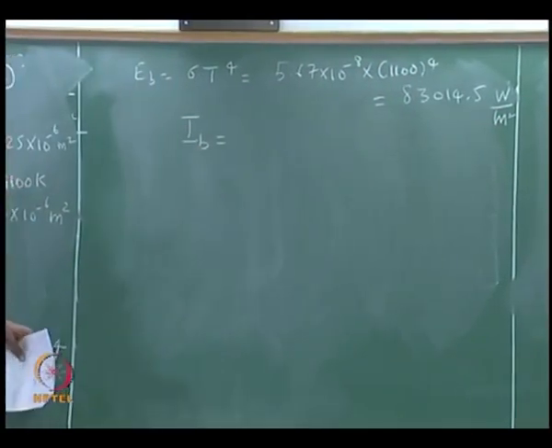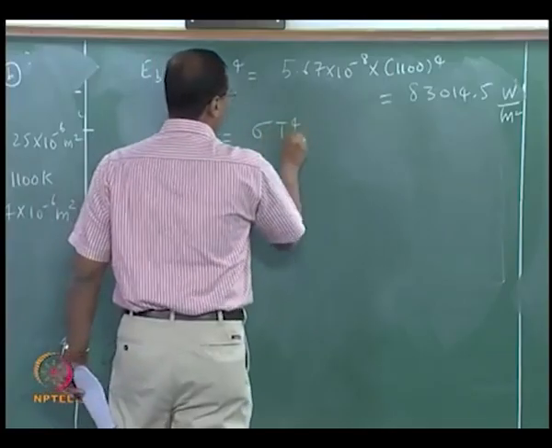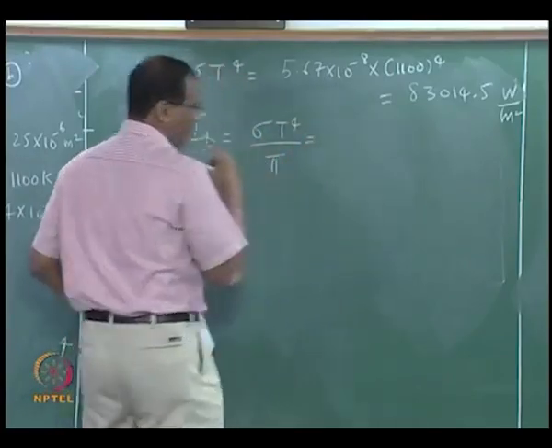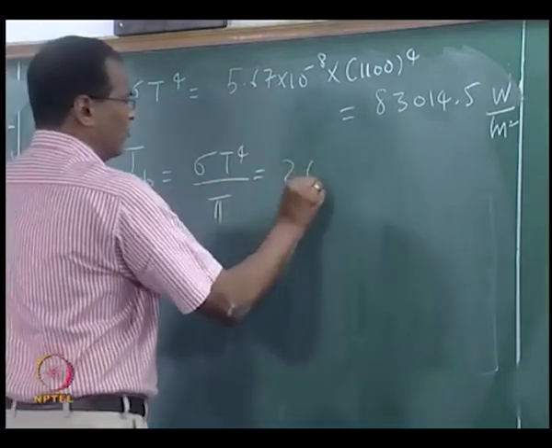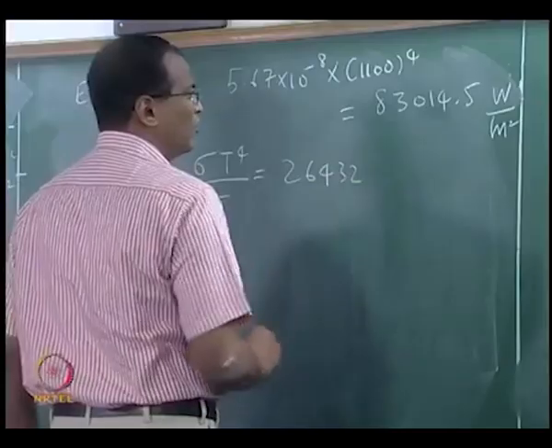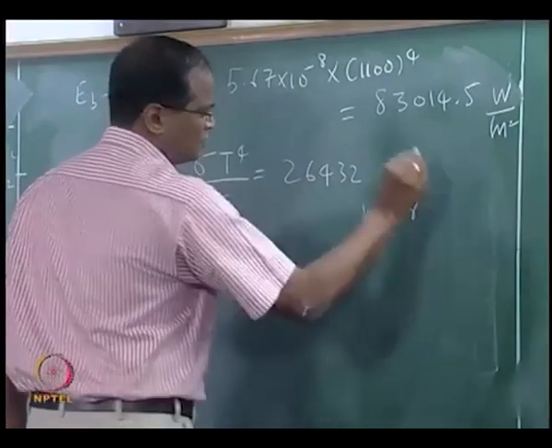IB is equal to sigma T to the power of 4 by pi, correct. You can keep it like that, but for the sake of completeness let us do it: 26,000 watts per meter square per steradian, good.